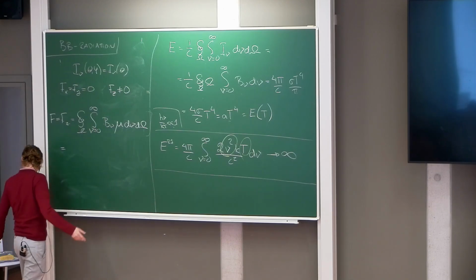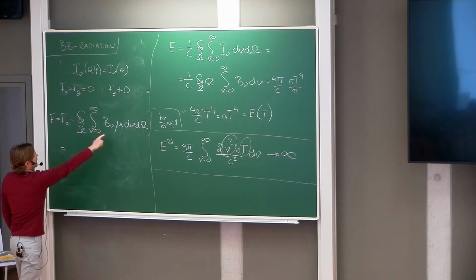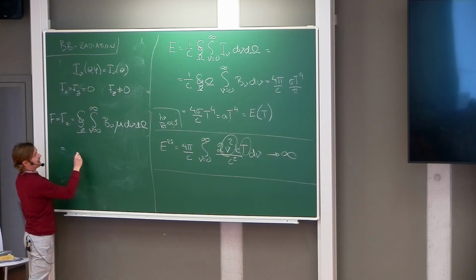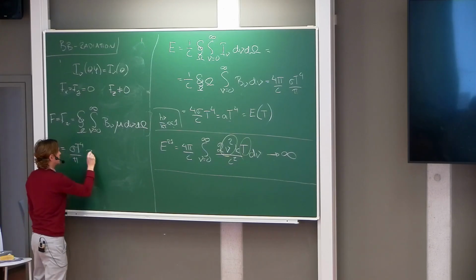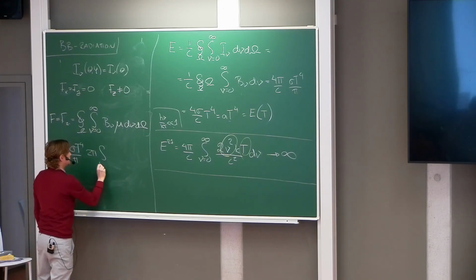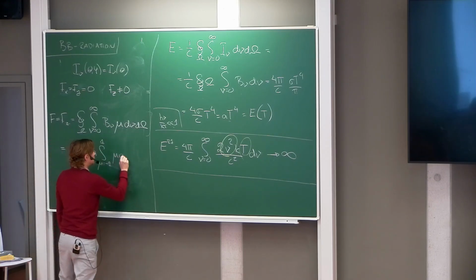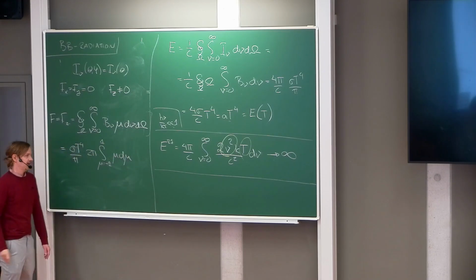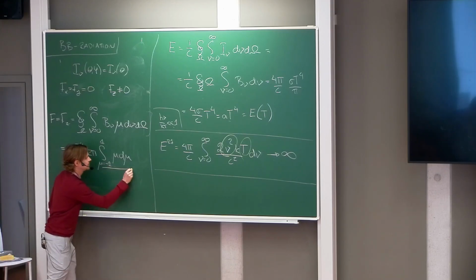We get this out, and it was, what was it? It was sigma T^4 divided by pi, right? And then we have a 2 pi from the phi part, and then we had mu from minus 1 to 1, mu d mu. But here we had this little nice integral.